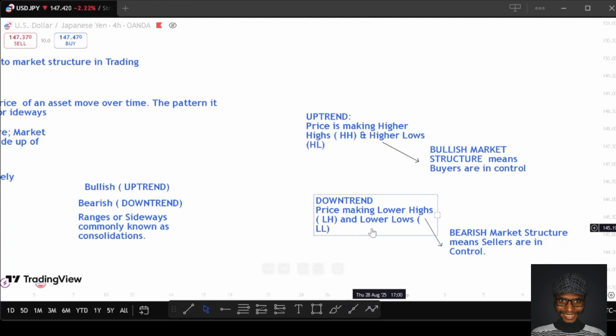Bearish market structure means sellers are in control. You can see how applicable they are.